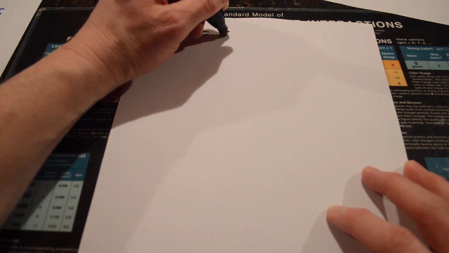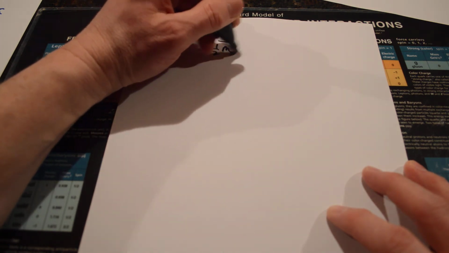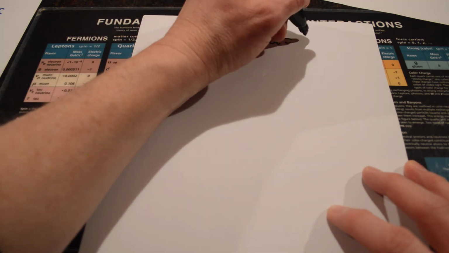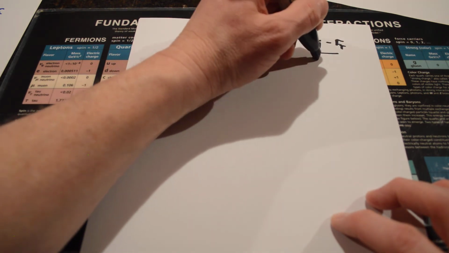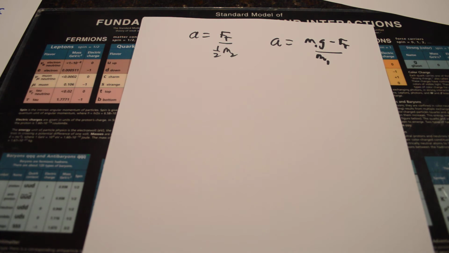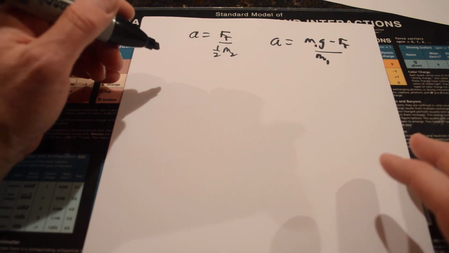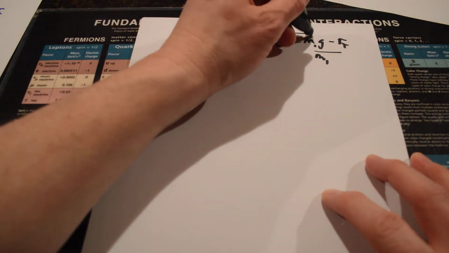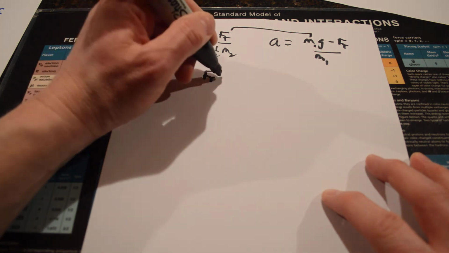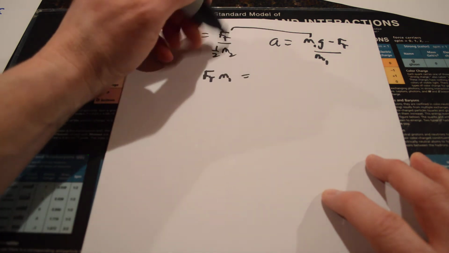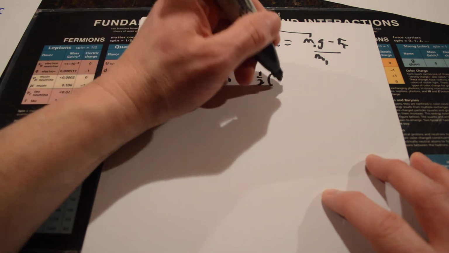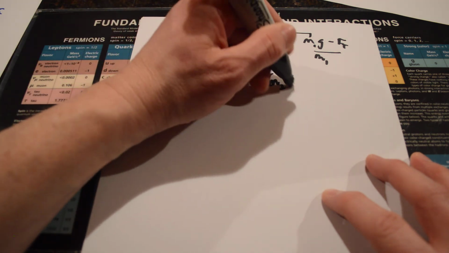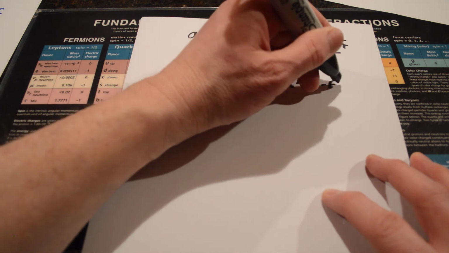a is Ft over 1/2 M2, and a is M1g minus Ft all over M1. So if you wanted to, you could put the two pieces together, and we could just say that these two things were equal. So Ft, if I just automatically put them equal, then wouldn't that be Ft times M1 cross multiply, and then this would be 1/2 M2 times M1g minus Ft.